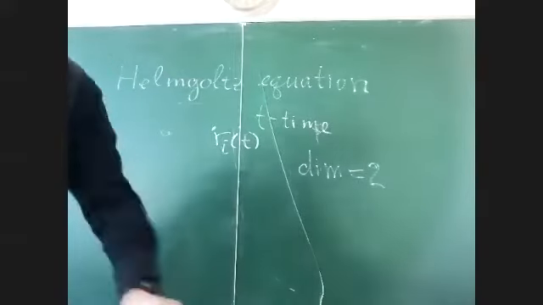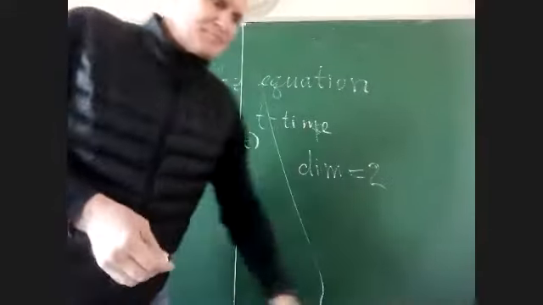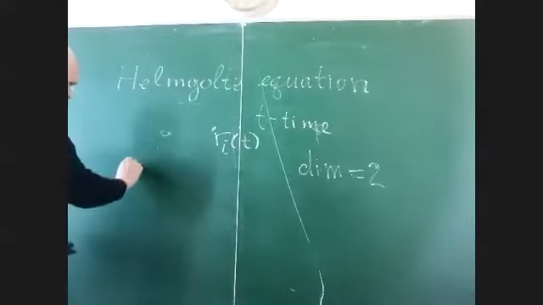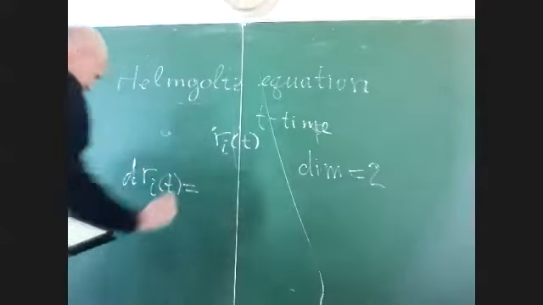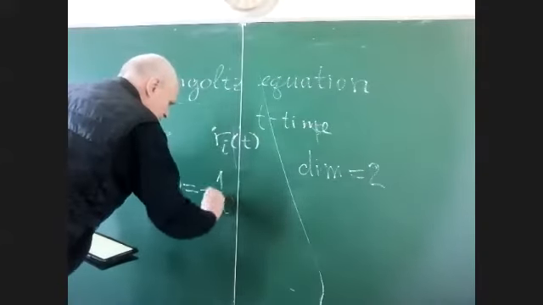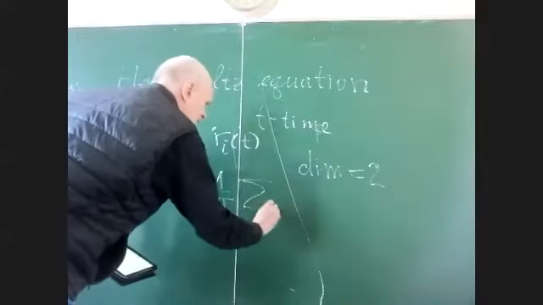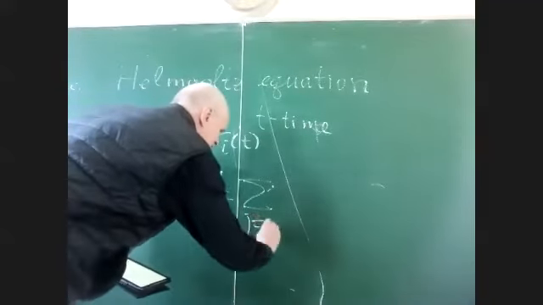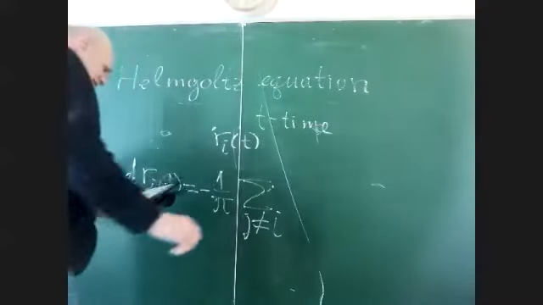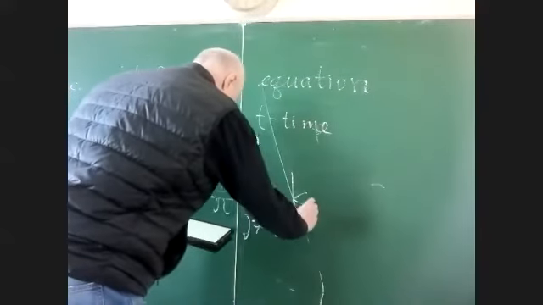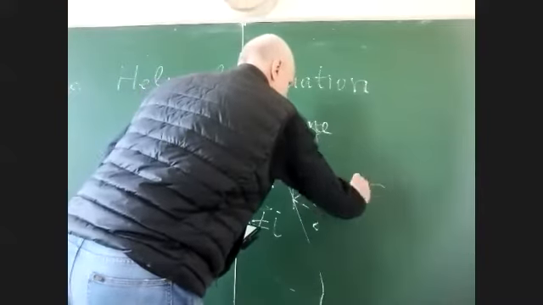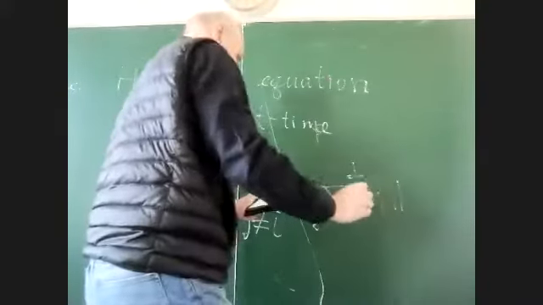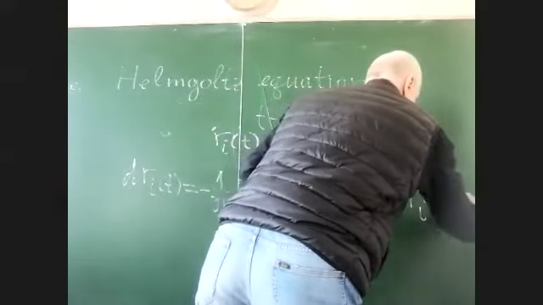We will have dr_i/dt equals minus 1 over pi times the sum over j not equal to i of k_j times the orthogonal gradient of the logarithm of the norm of the difference r_i minus r_j. Here I will explain what the gradient is.